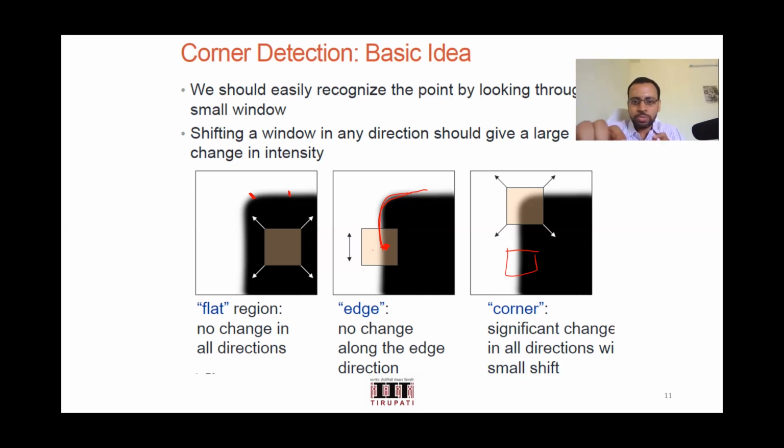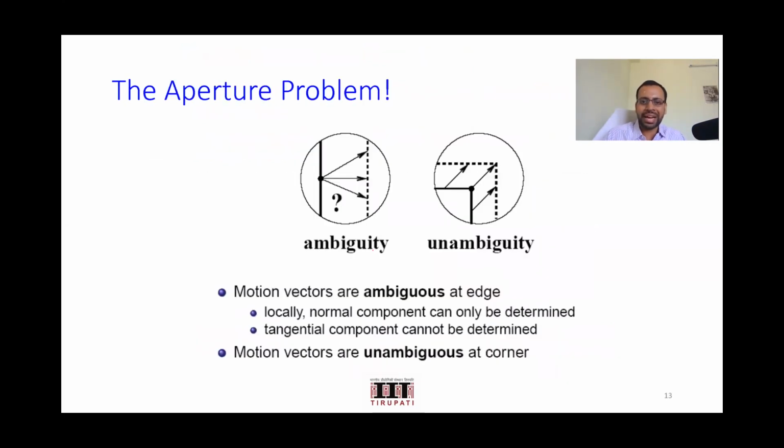So this problem of ambiguity in mapping from one image to another image, coming because of the restriction in the area or surrounding region that you are looking at, is referred to as the aperture problem. Then you don't really know where to map it.